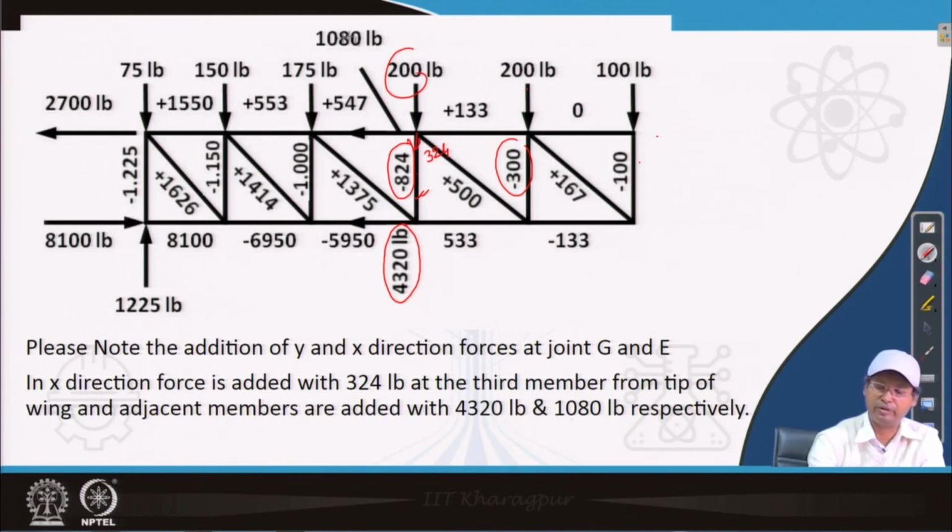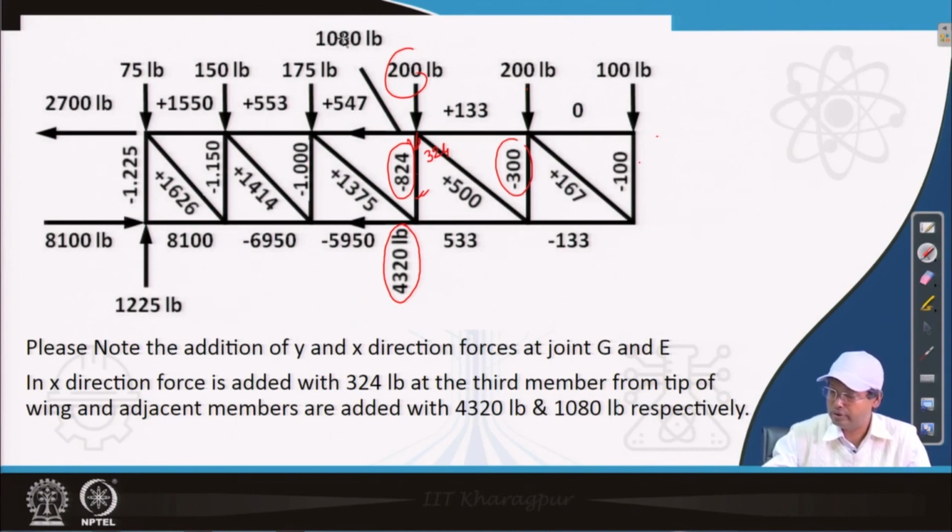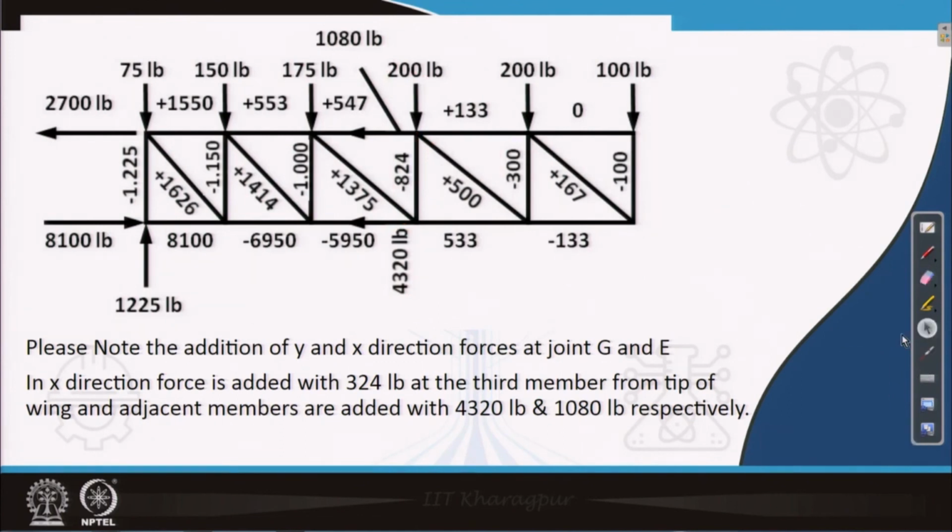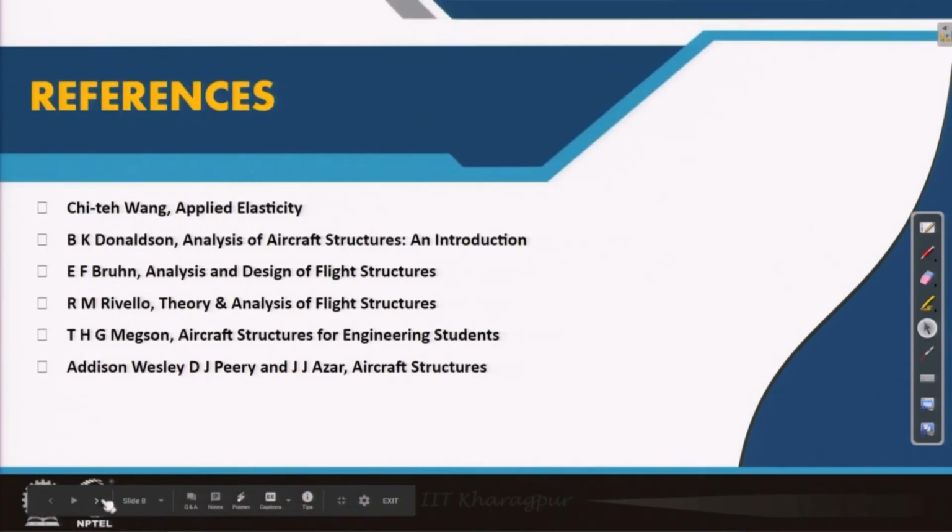This is the 1080 pound as it is shown. So, with those member forces added, we are supposed to solve the drag truss of the wing.